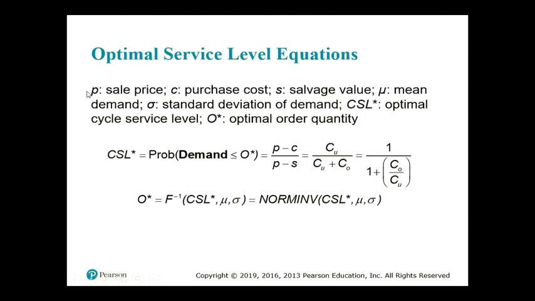And we know the sales price, we know the purchase cost, potential salvage value, and the demand distribution, assuming demand is normal. CSL is the optimal cycle service level, and Q star is the optimal order quantity.